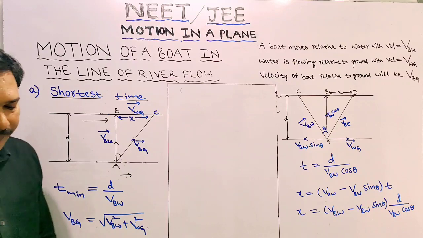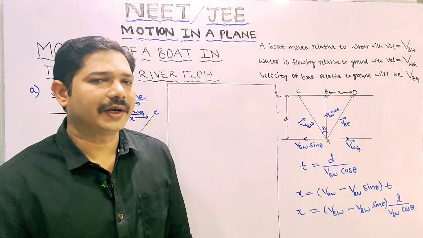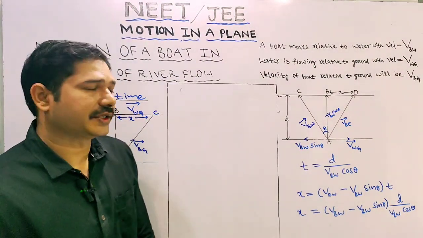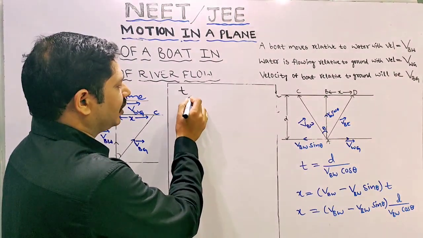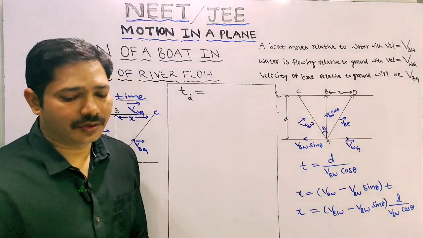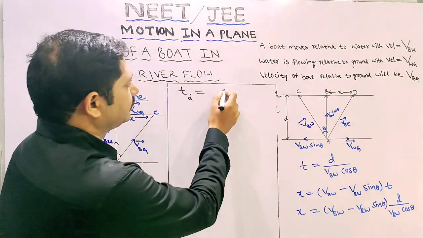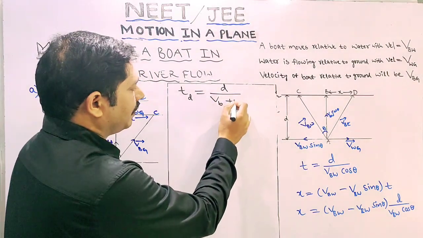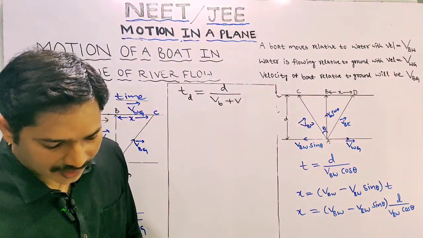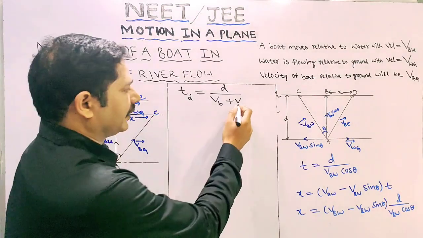The time formulas for downstream and upstream we discussed already. For downstream, I am taking TD, which is distance by the velocity of the boat plus the velocity of the water.